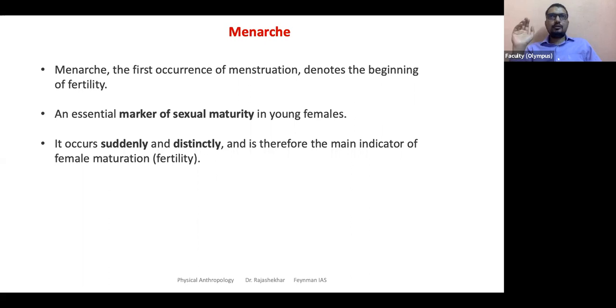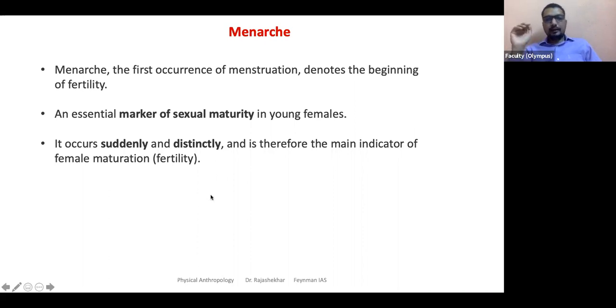It doesn't matter, not just humans: this is true of any living system. Being able to give rise to new children and new growth in that population is considered the sign of success for any given species, from bacteria to humans. So definitely this is a sign that a woman has matured and is ready to bear children.